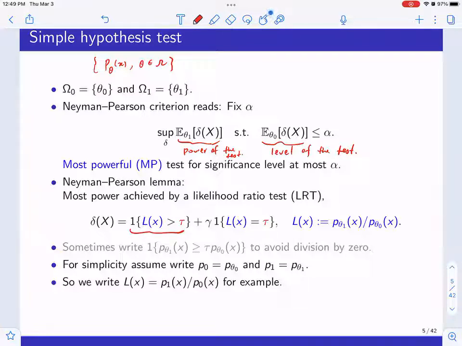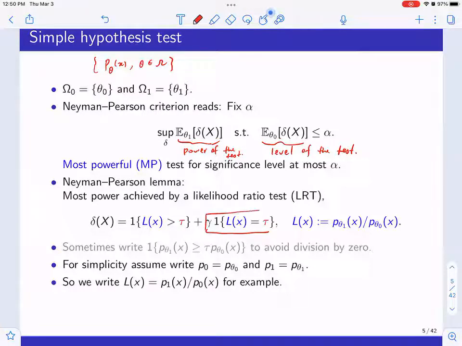And there's this extra term, which is introduced basically to achieve exact level alpha: plus some gamma times the indicator L of x is equal to tau. If L of x is never equal to tau, like the probability that that happens for any x is 0, which happens, let's say, under continuous distributions, then we don't need this.